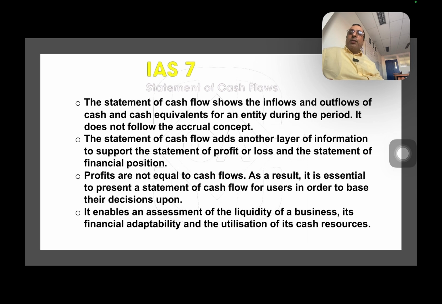Cash in hand might be less than the profits we have made, because those profits include amounts which are not actually received or not actually paid, accruals. So we can differentiate between the actual cash and the profits using this chapter. In this way, it helps us assess the liquidity of the business, its financial adaptability, and how we utilize the resources of cash.